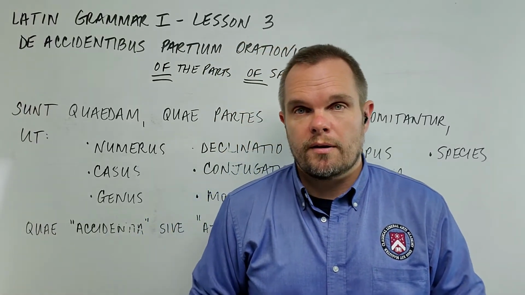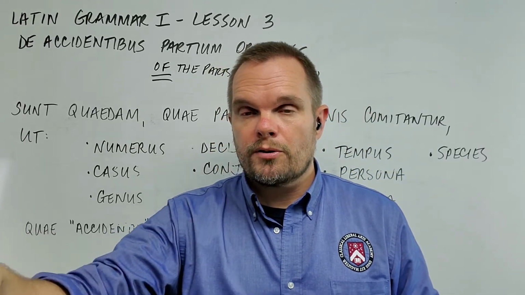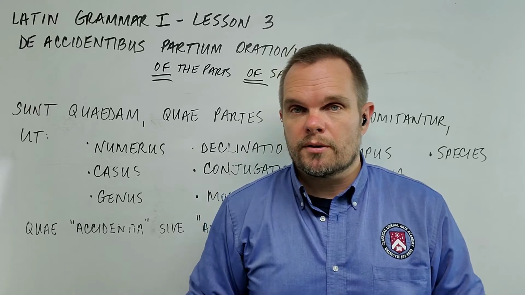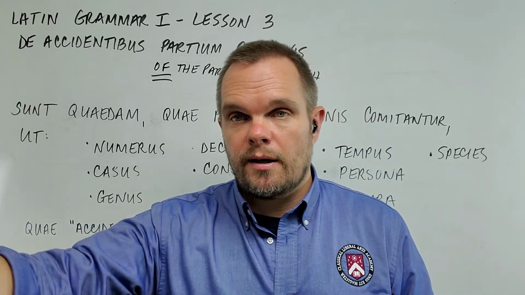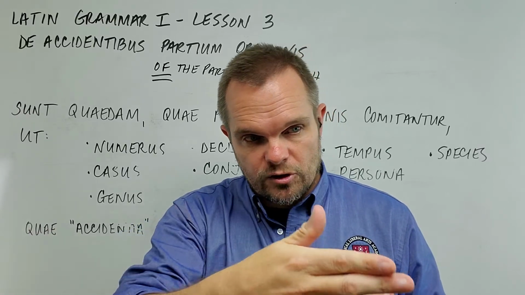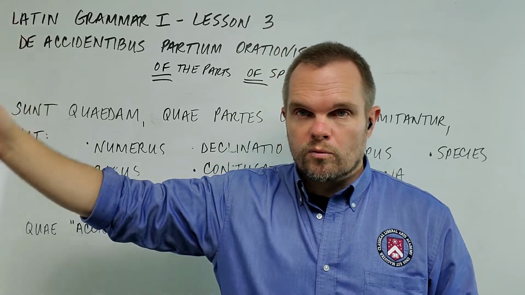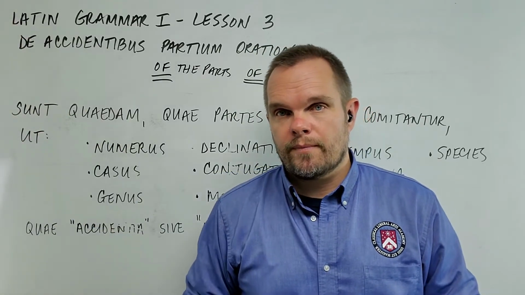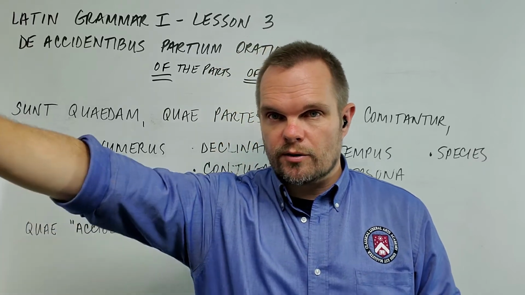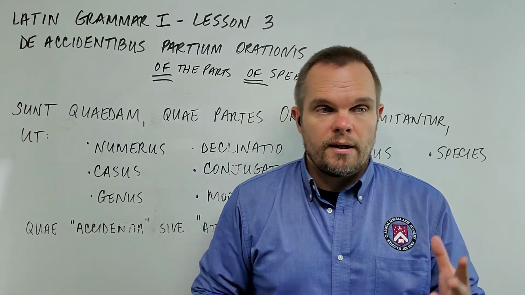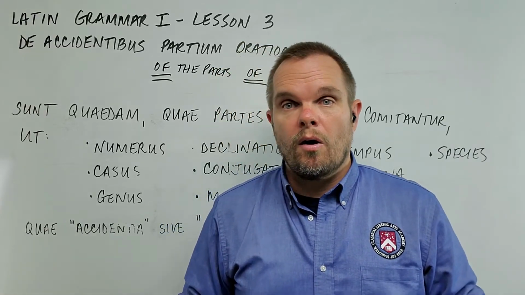There, Caesar is third person, he, and ipse is also third person, Caesar himself. And then Caesar qui, Caesar who ruled the Romans. There qui is third person. It refers to Caesar, he. So ipse and qui can be any of the persons.